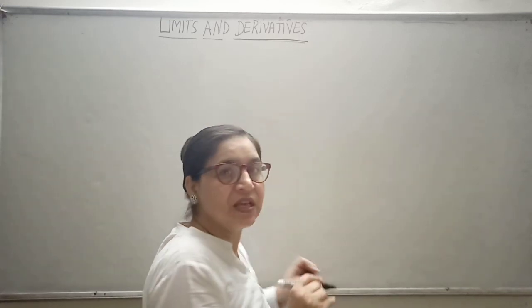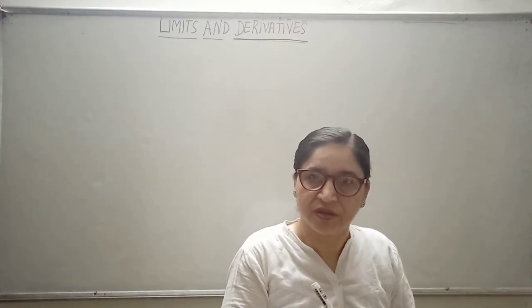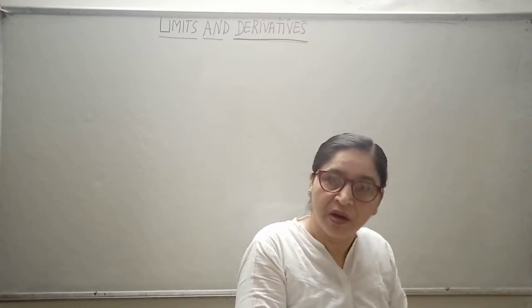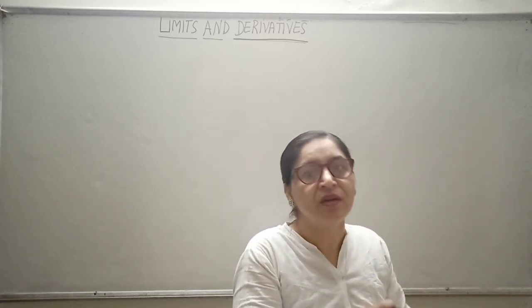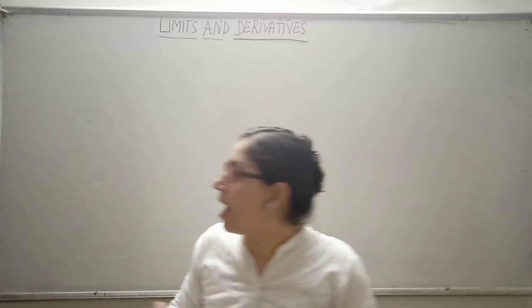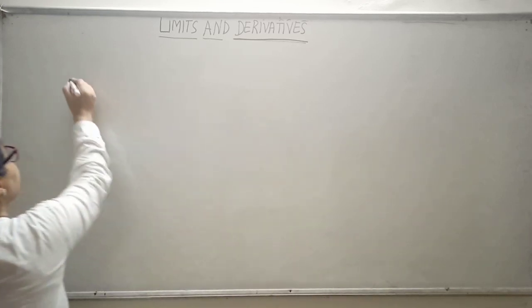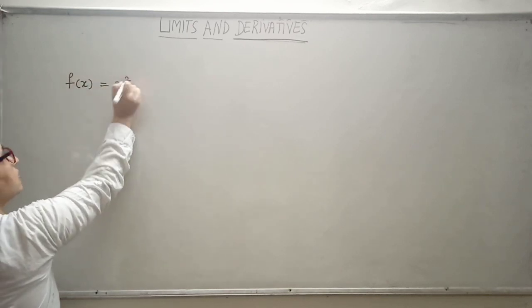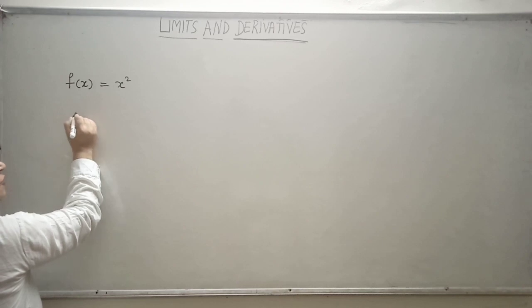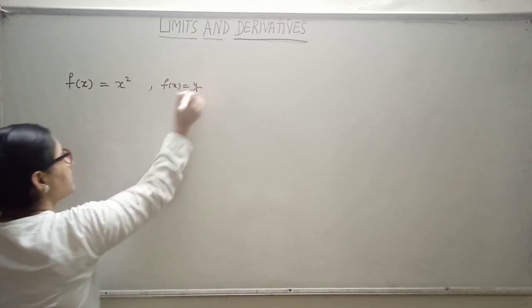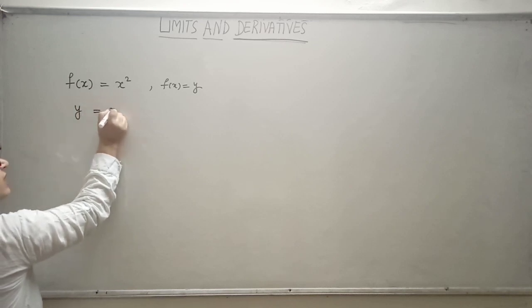Derivative is the rate of change in one variable with respect to the change in another variable. What does it mean? Suppose I have a function f(x) is equal to x square. Suppose I am taking f(x) is equal to y. If f(x) is equal to y, means y is equal to x square.